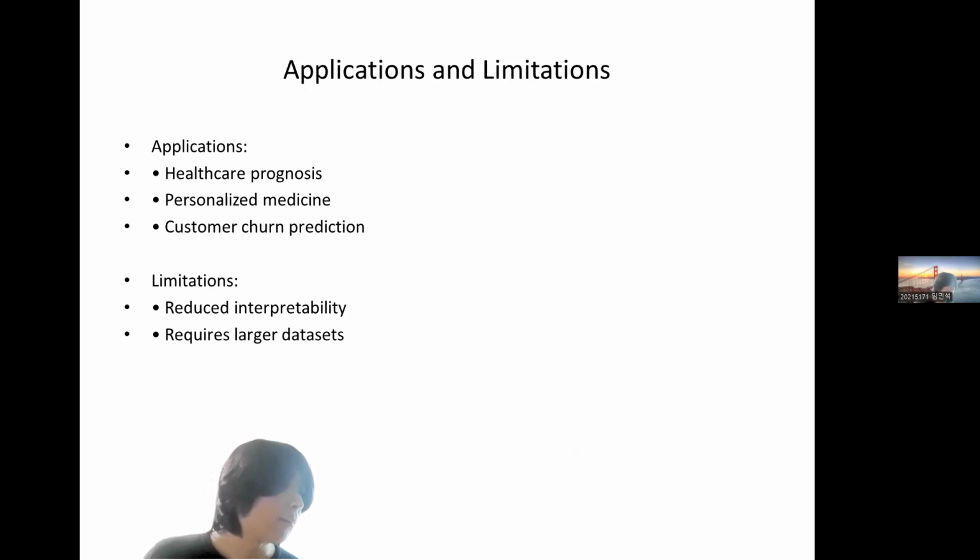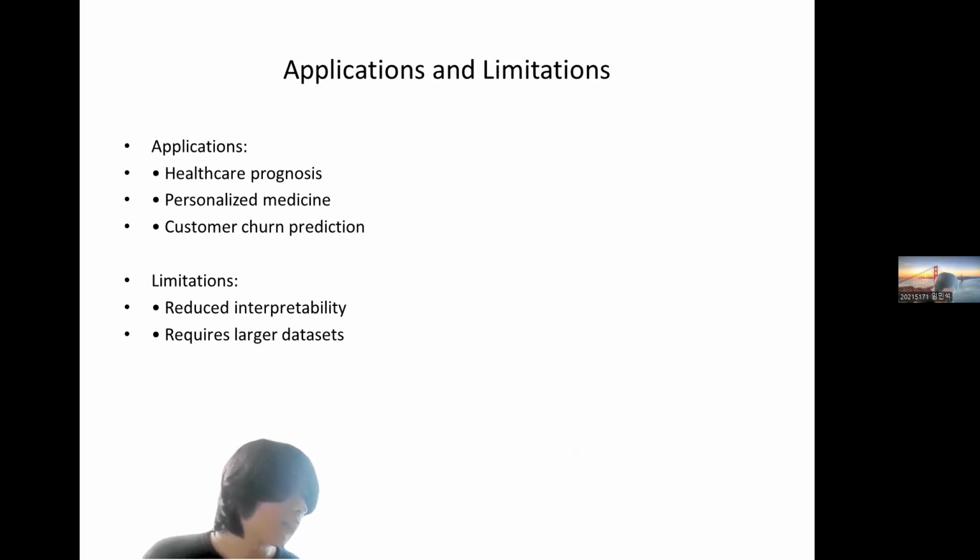At the same time, there are also limitations. Deep learning models are usually less interpretable than classical statistical models. This can be an important issue in healthcare applications because doctors often want transparent explanations for predictions.